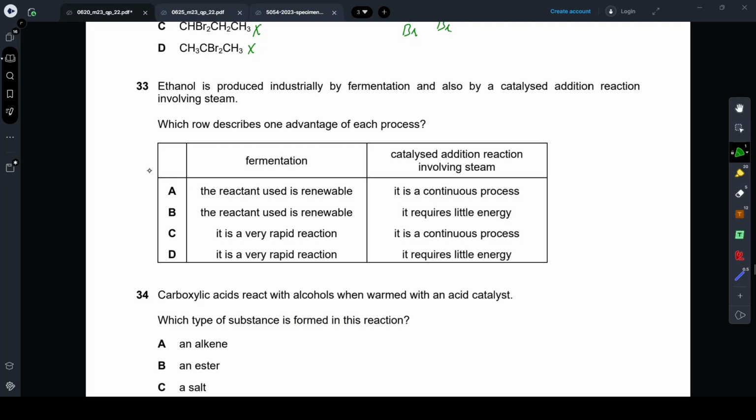So it would be A, right? The good thing about the catalyzed reaction is that it's a continuous process, right? It does require energy to break the bond. So yeah.